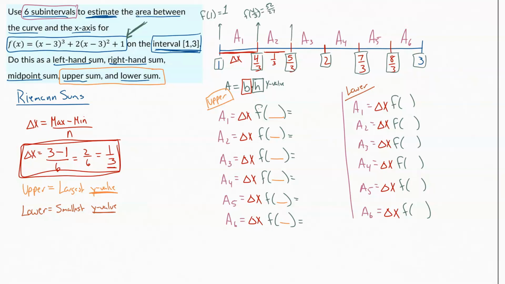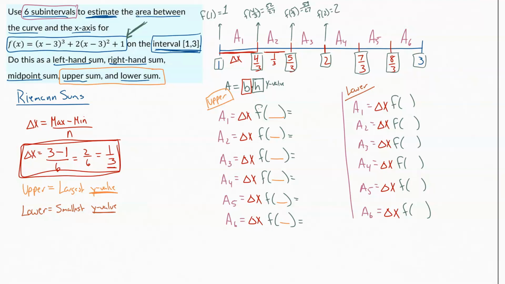I'm going to plug in 5/3. We just have to know what all of these y values are. I plug in 5/3 and I get out 59 over 27. I plug in 2 and I get out of there, what is that going to be, 2.